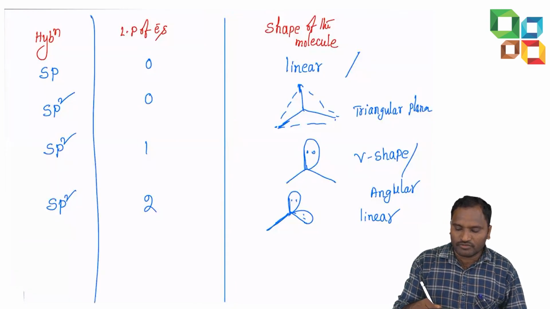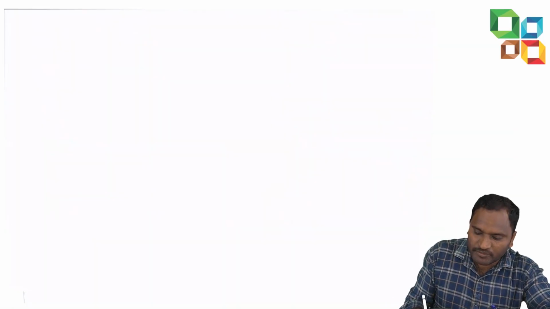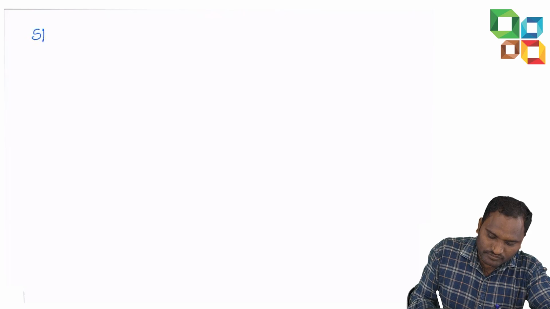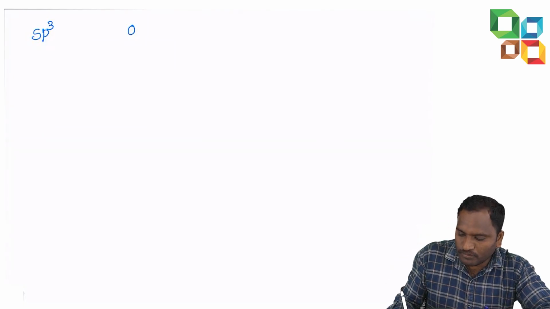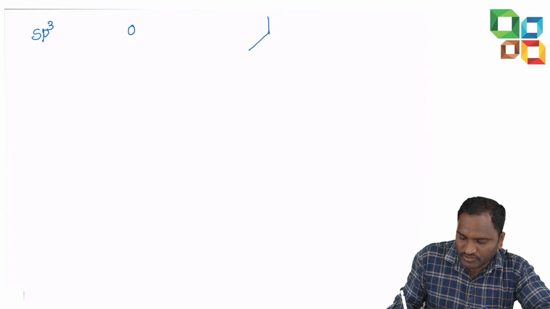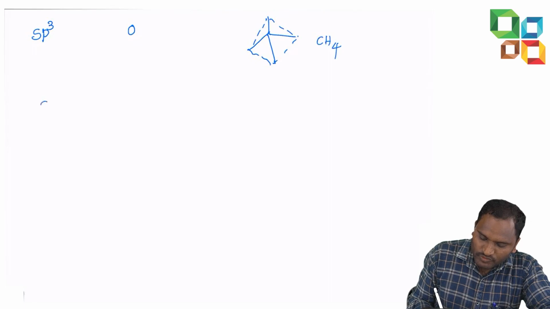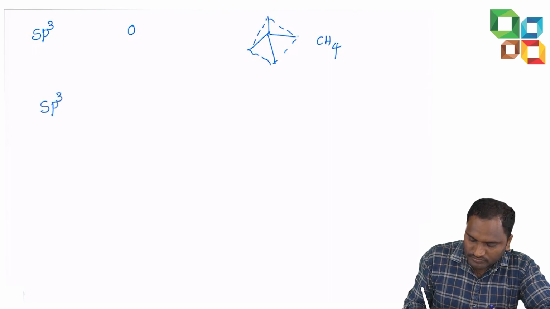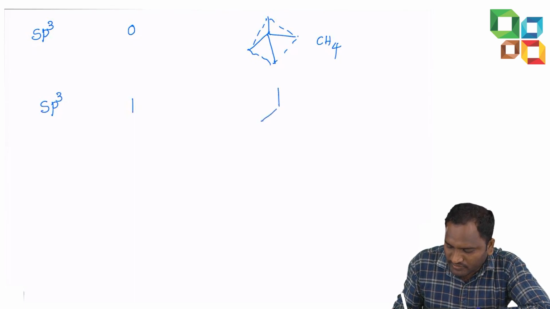This table will give a lot of information. Please note it down. sp3 hybridization with zero lone pairs: no lone pair, so the shape will be regular tetrahedral, for example CH4. sp3 with one lone pair: see students, from the original structure only I am getting all these things.